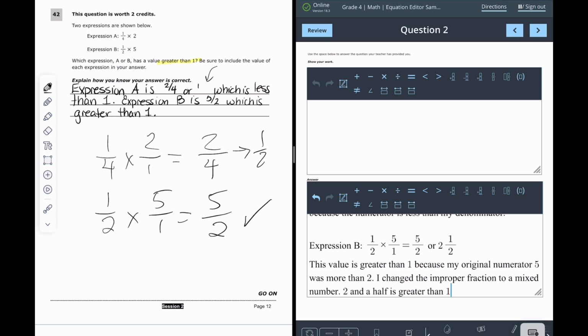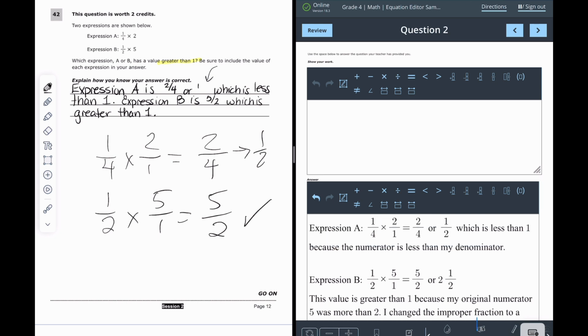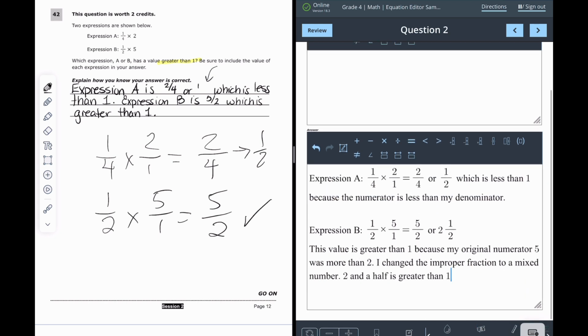And yeah, that's it. So here's my whole answer. I did all the things they asked, which was I answered both. I showed what the value of A and B was. I said which one was greater, and I gave a reasoning why, which one was greater than 1, and I said why. That's all you had to do.